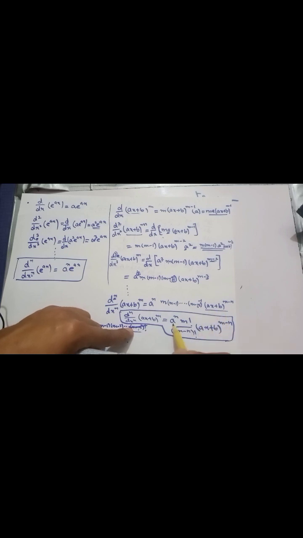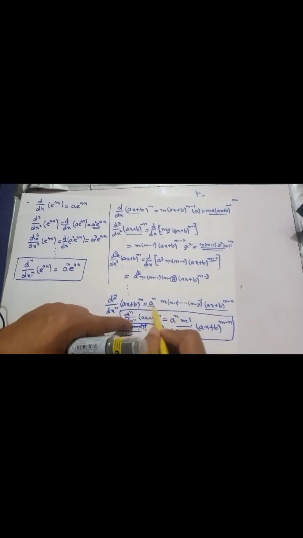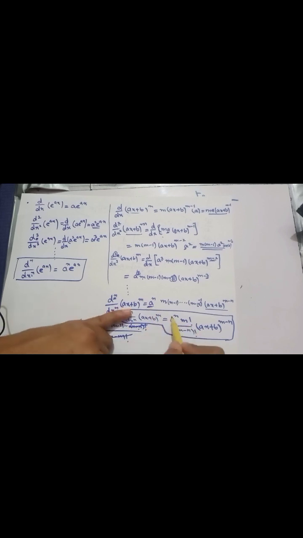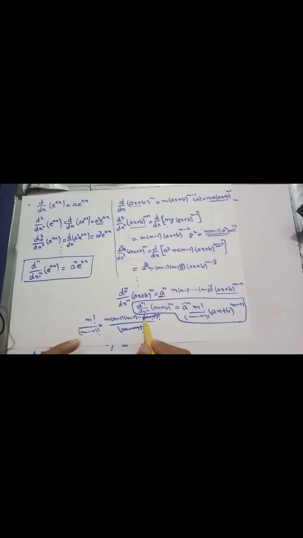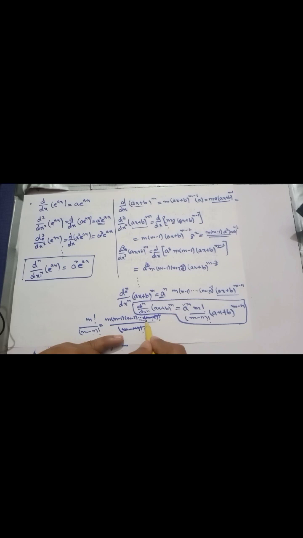So we can make the formula of the nth derivative: a power n as it is, m into m minus 1, and so on. We can also say that m factorial over (m minus n) factorial is the same. So that will be the required answer for this question.